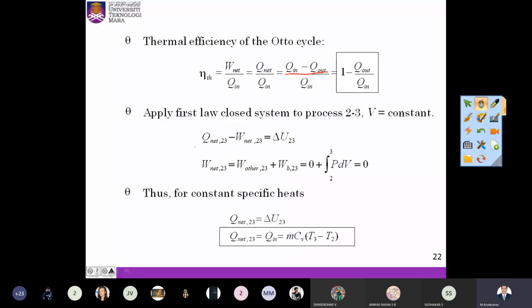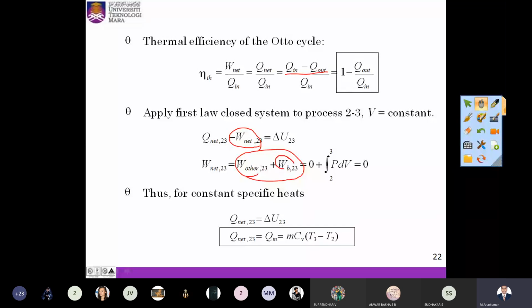Then if you apply the first law of thermodynamics to the 2 to 3 process, that is the constant volume process, we can have the equation, you know, the first law: delta U is equal to Q minus W. So if you apply that, we can replace this, right? So W net can be calculated by W of the process 2 to 3 plus W of the other processes.